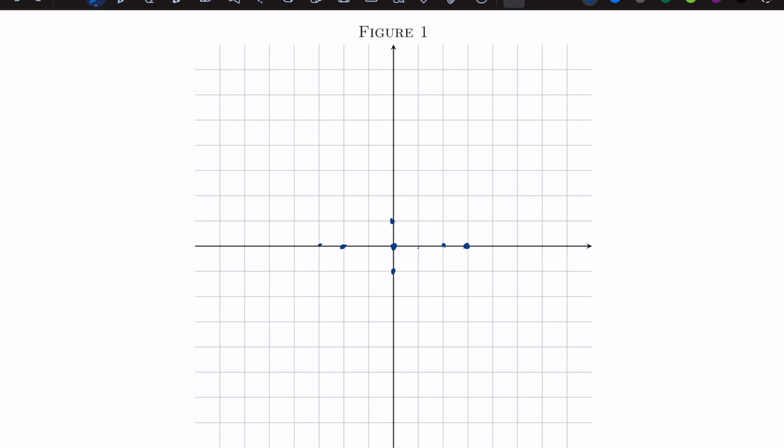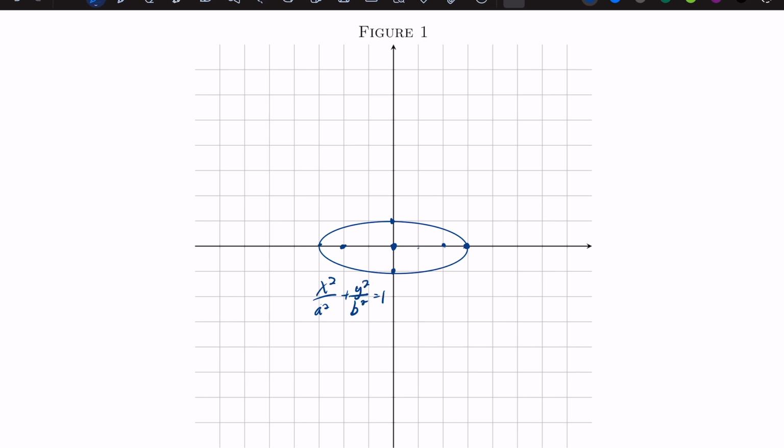And this ellipse will have the equation of x squared over a squared plus y squared over b squared equal to 1.